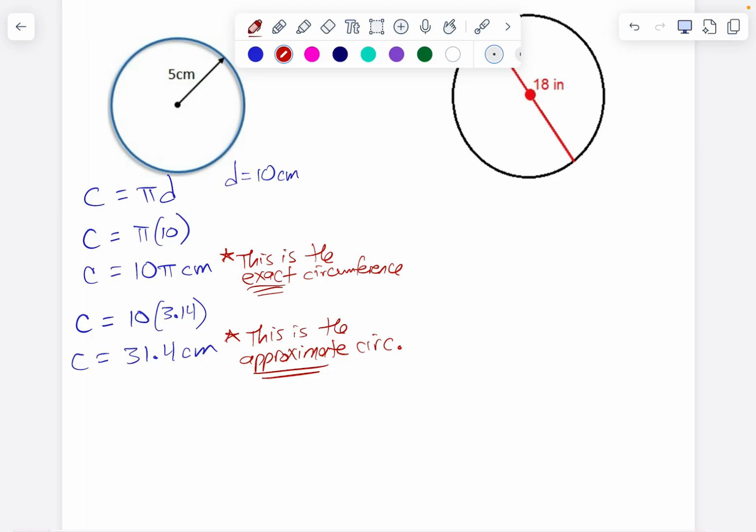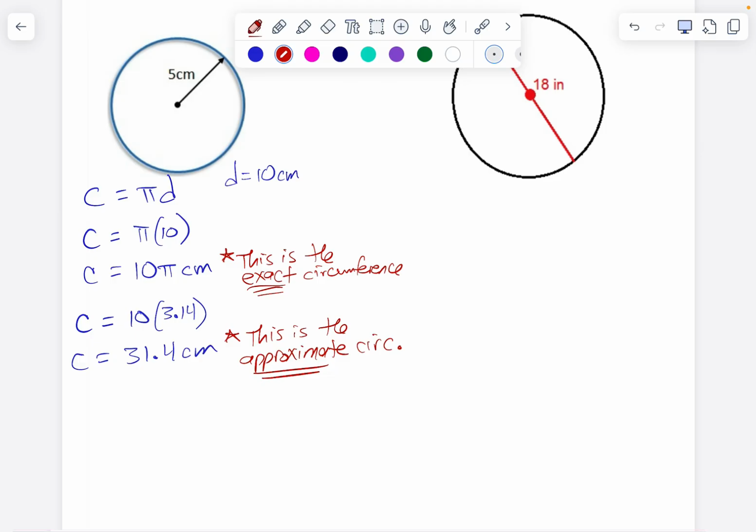But if you need to take this calculation to the next calculation and the next and the next, that approximation is going to be compounded by the time you get through all the calculations and maybe be significantly different. 10 pi stays perfectly accurate.